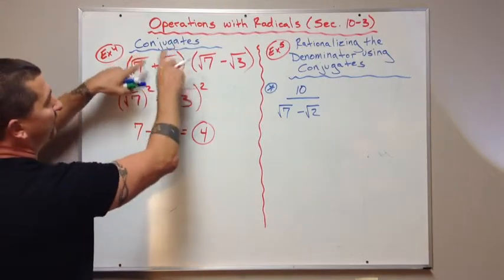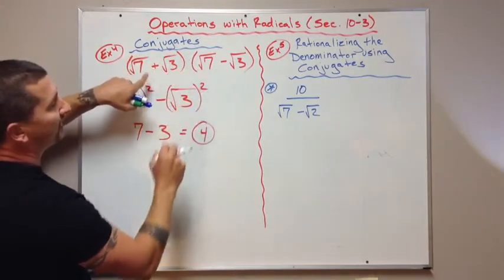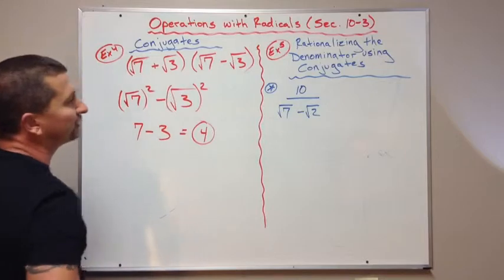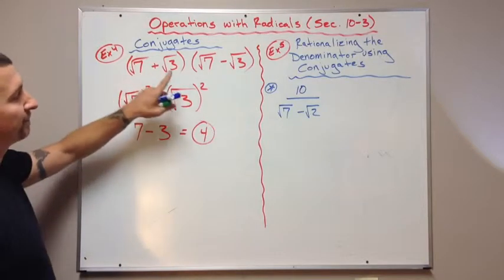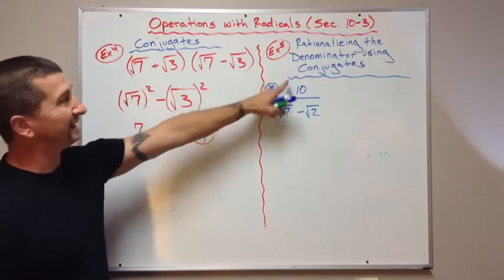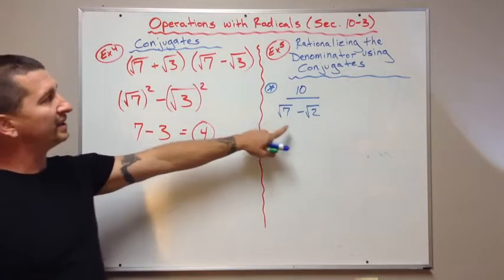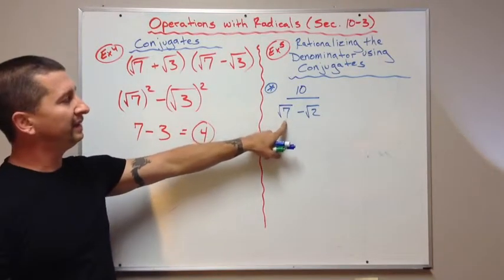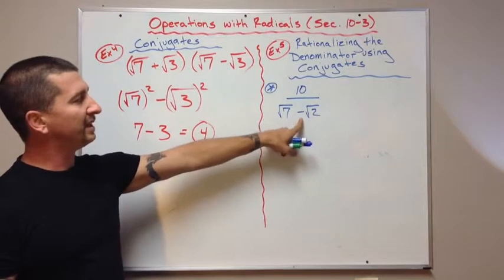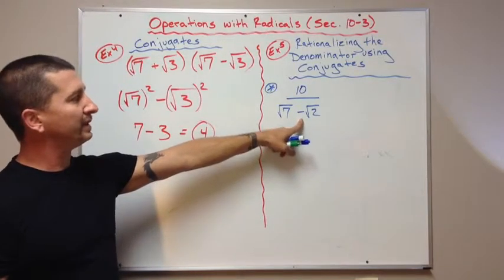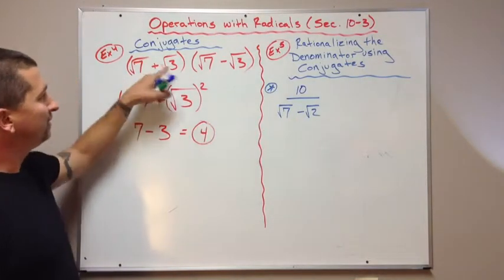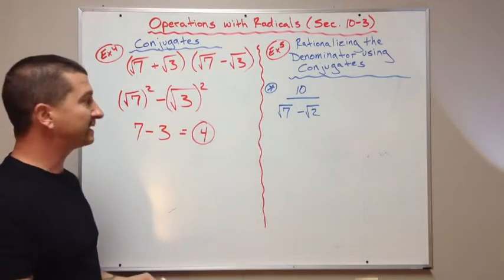So keep a lookout for conjugates because they are easier to deal with. There's some special rules that you can use to finish problems like this one. Number 5, we're going to rationalize this denominator. This denominator would be tough to rationalize if we weren't going to use the conjugate to rationalize it.